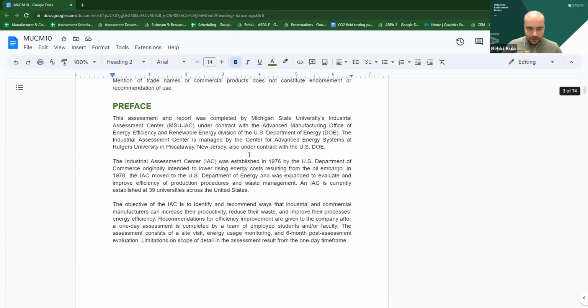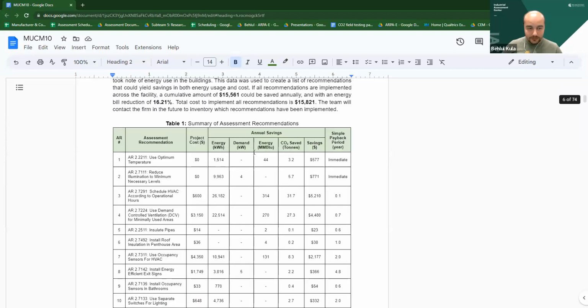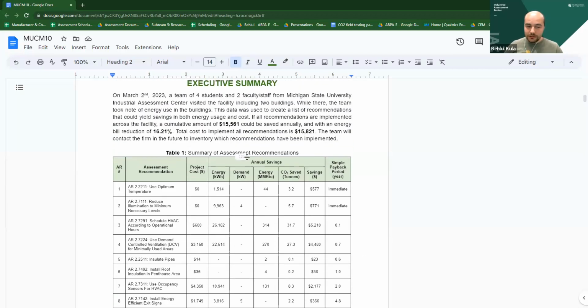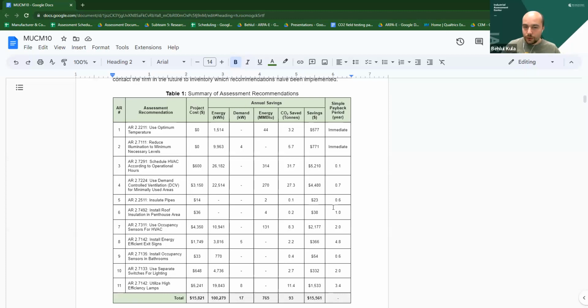Right, so our report starts with an executive summary. There's a table where you can see all the recommendations we identified. Some of them have a very small amount of savings, but the installation costs are also very small, and the installations are very easy for most of them.